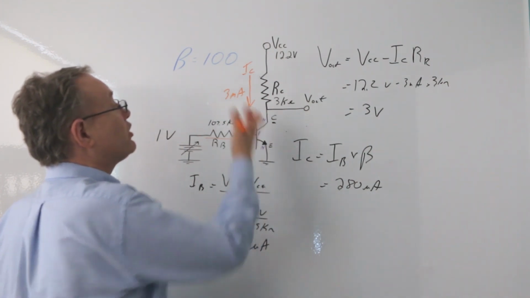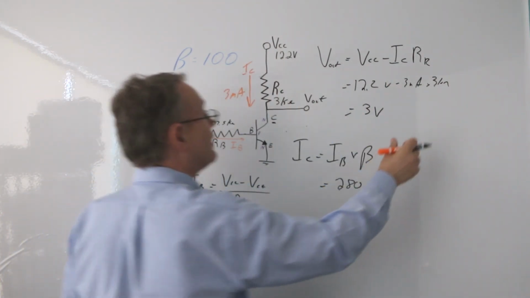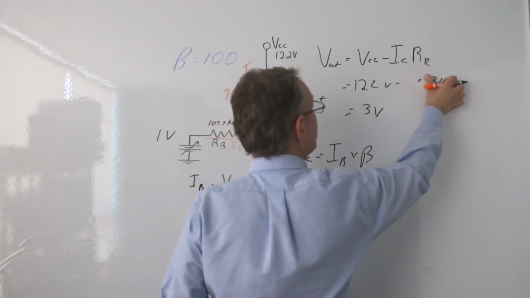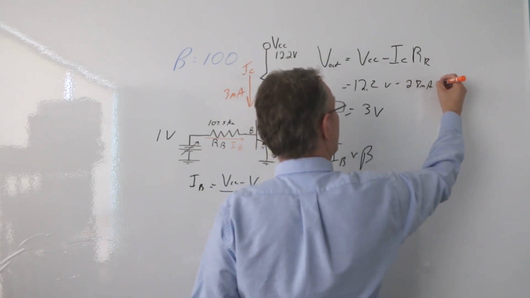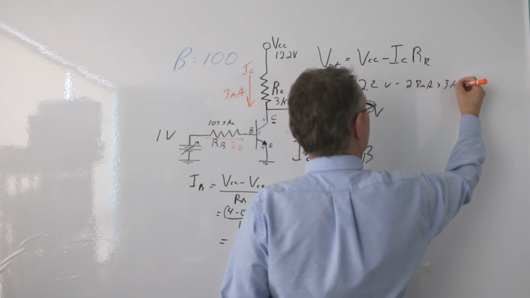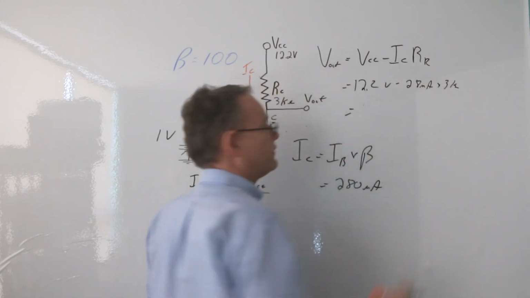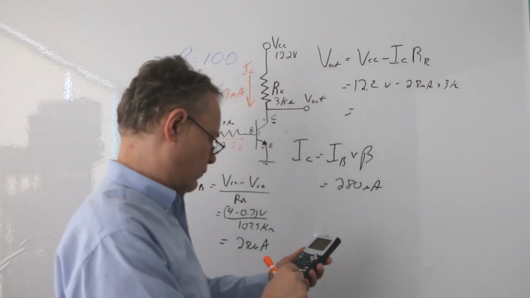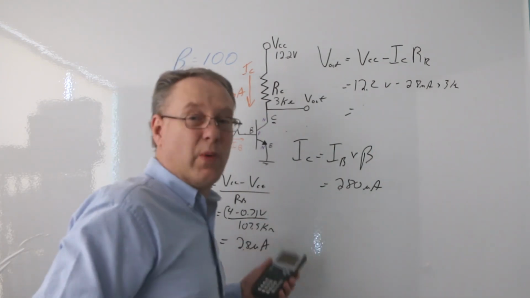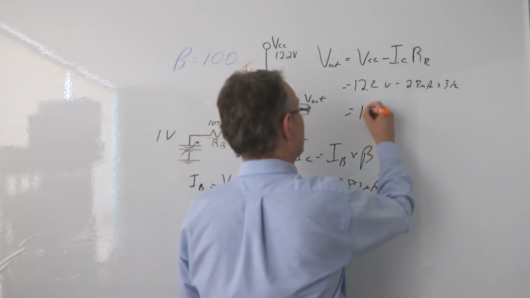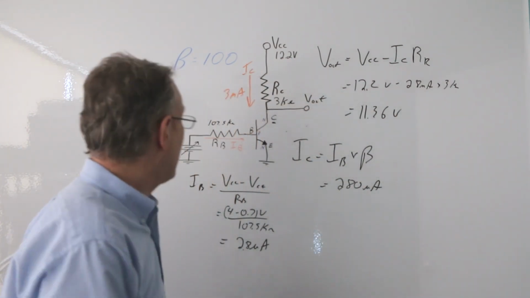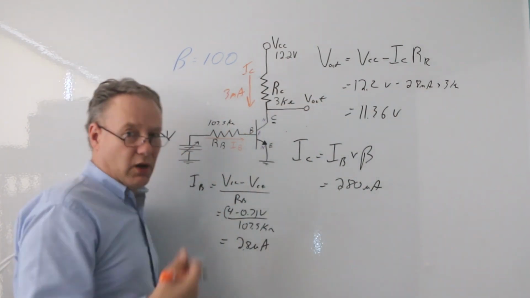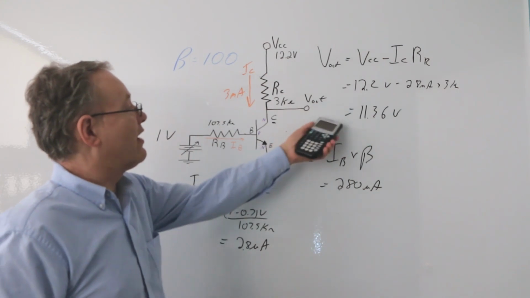Well, I have to go through this same process over here, but I'm just going to put some different values in. I'm just going to do 280 microamps times 3 kilo ohms, and in that case, it's a lot higher. 11.36 volts. So as this gets lower and lower, that's going to get higher and higher.